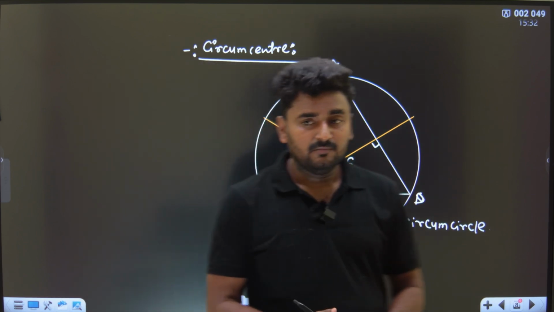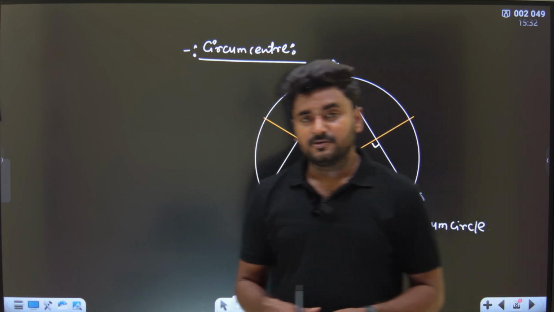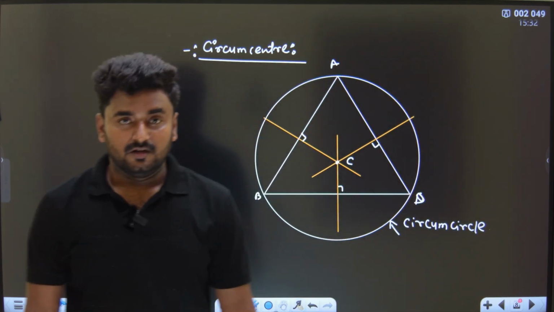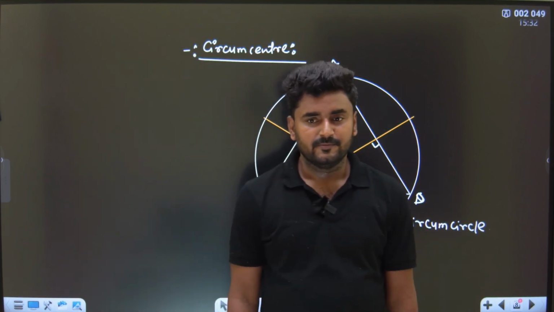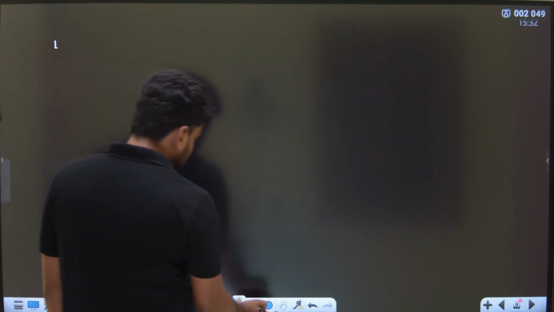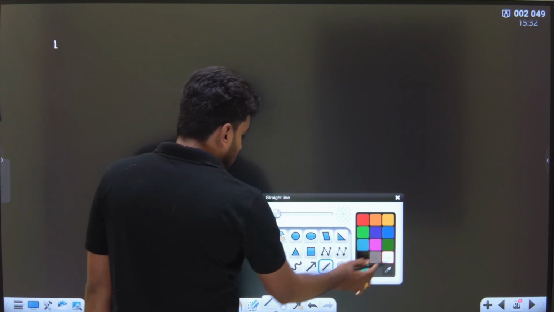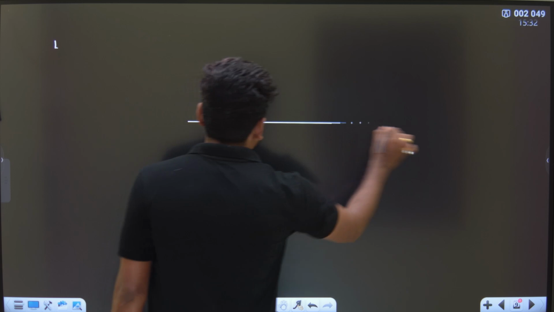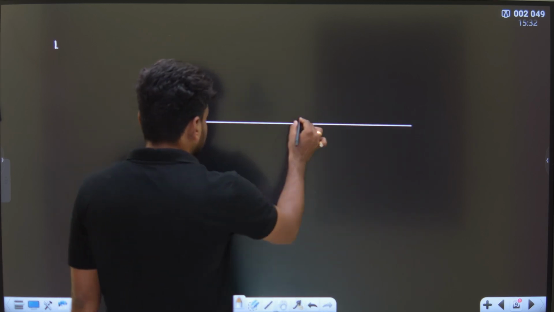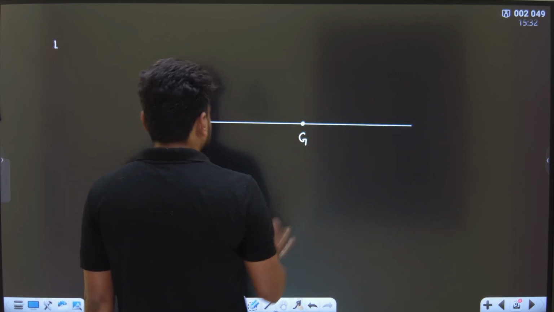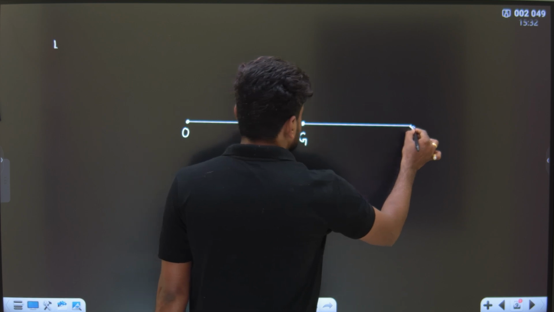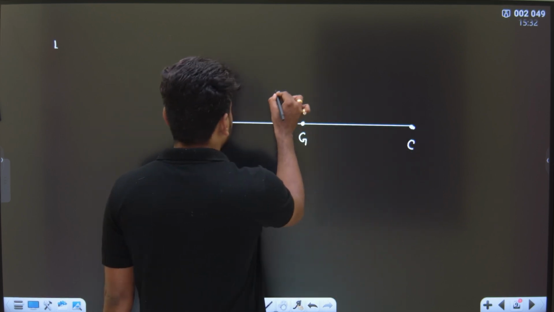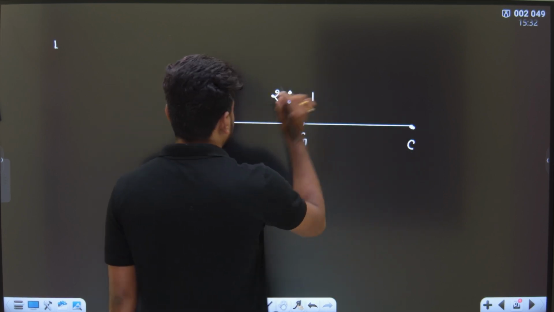Okay, now I'm going to tell you some important properties of the centroid, orthocenter, circumcenter and incenter. Now see, the first property is that the centroid G divides the line joining the orthocenter and the circumcenter in the ratio of 2:1.